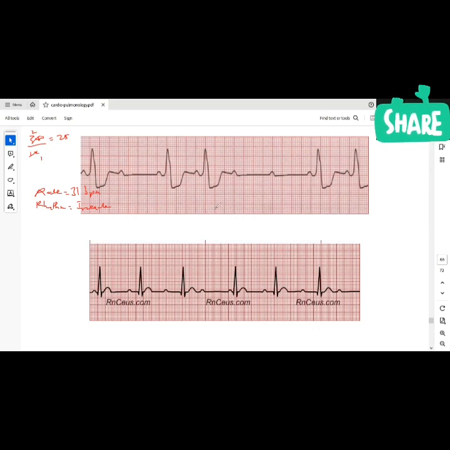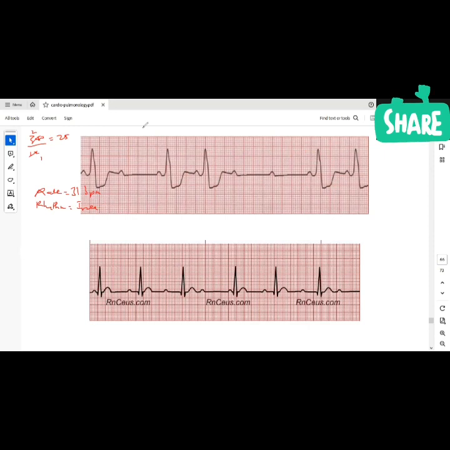We check the P, QRS, T. I think there's an absent T wave, so it's not... This is your T wave there, at the bottom there, right?